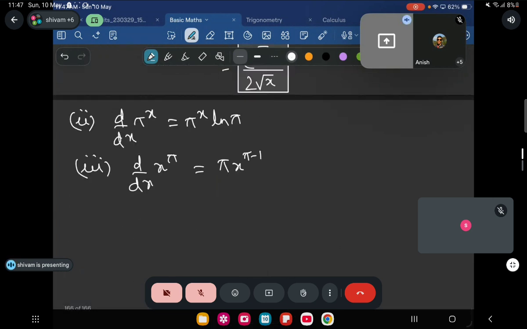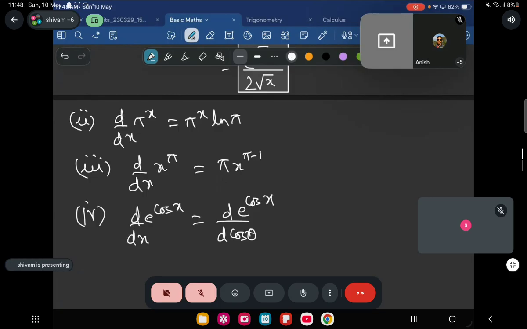d by dx of e to the power cos x means e to the power theta. First of all, you have to differentiate with respect to theta, so this will become d by d theta of e to the power theta. Then you have to differentiate cos x with respect to x.